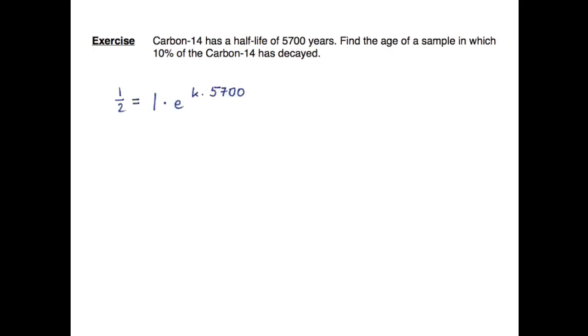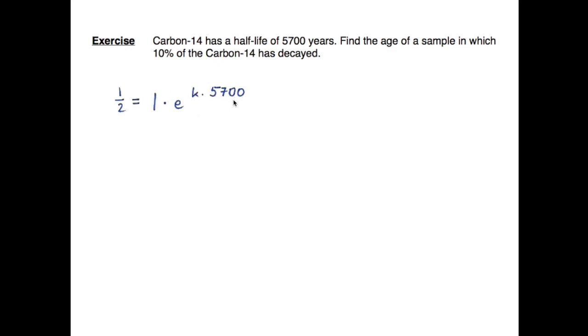I know there are a few tricks to solve these problems faster, but I'm just going to go the long way because we tend to forget tricks. But if you just know the general system, then you won't forget it. So here, we don't know in this exercise how much carbon-14 there is. It doesn't matter. We're just going to say there is 1 unit of carbon-14, and we know that it takes 5,700 years for half that amount to decay.